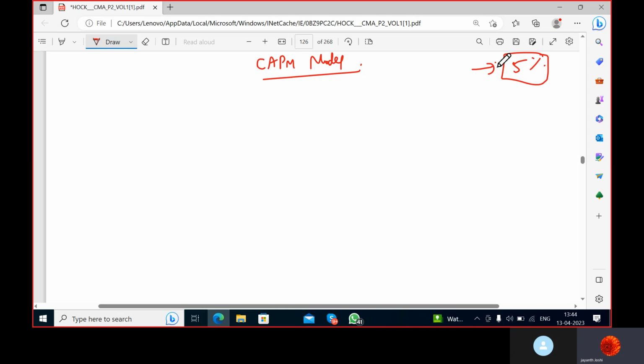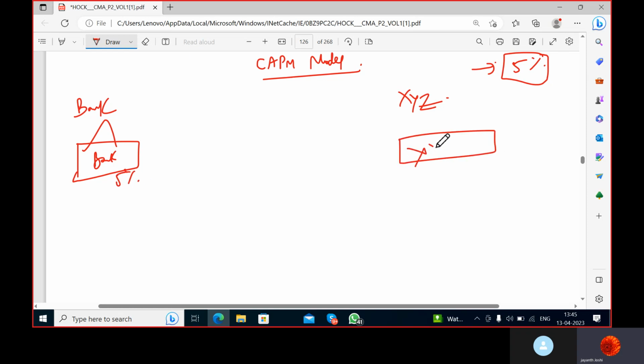If you compare these returns with some other kind of returns you are getting from the market, for example, if I take a bank, and this is XYZ company, and the bank is giving you 5% returns, and this XYZ company is giving you 5% returns, which one will you prefer?